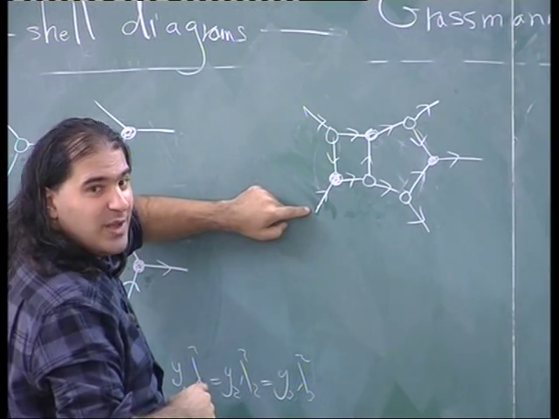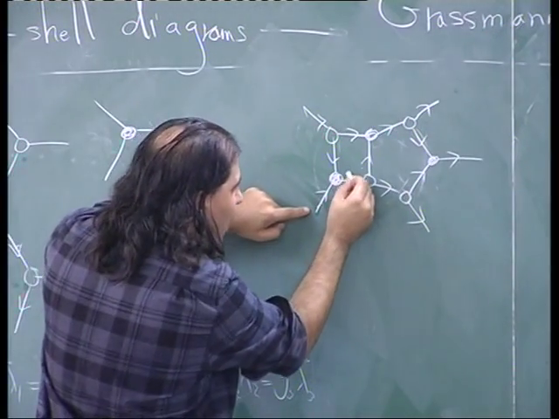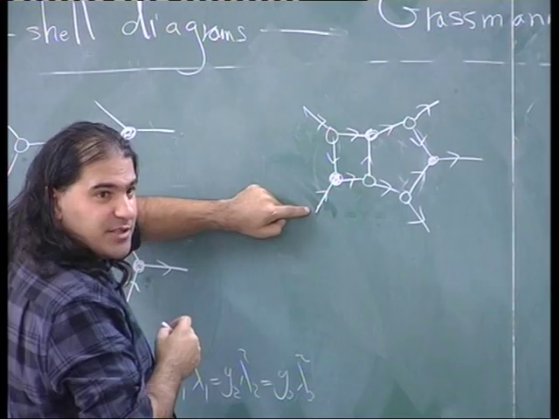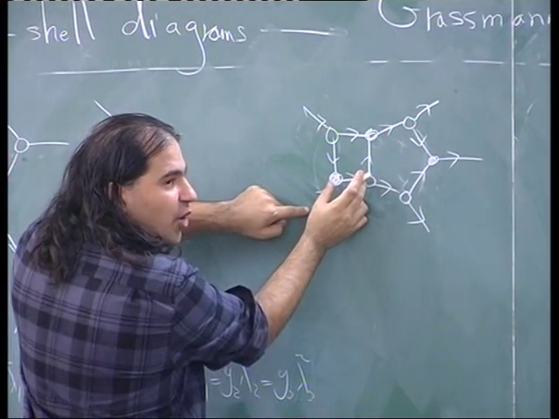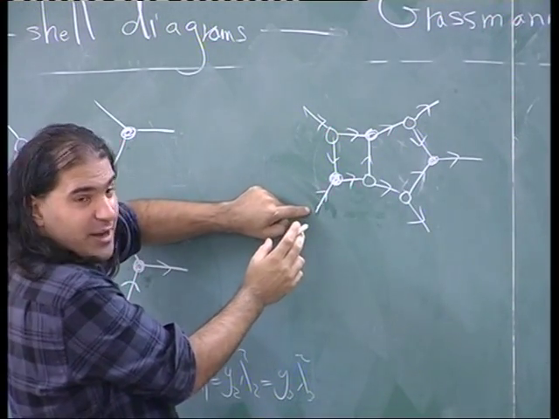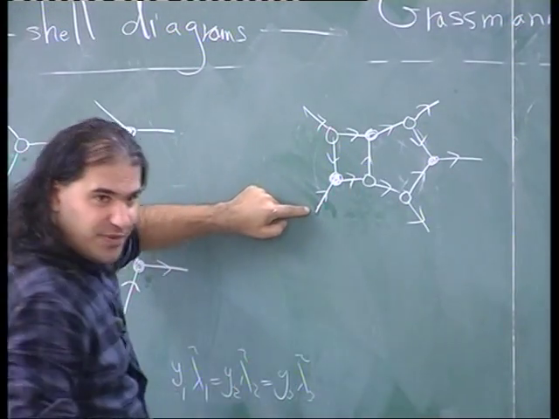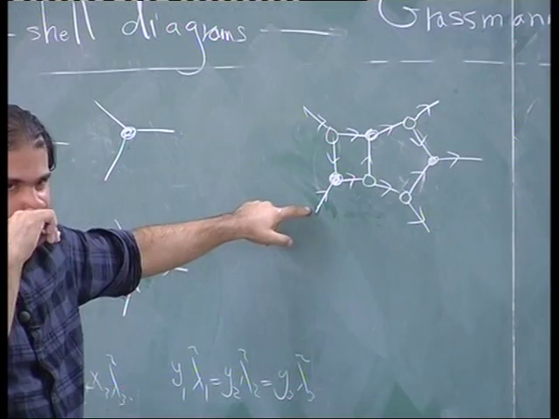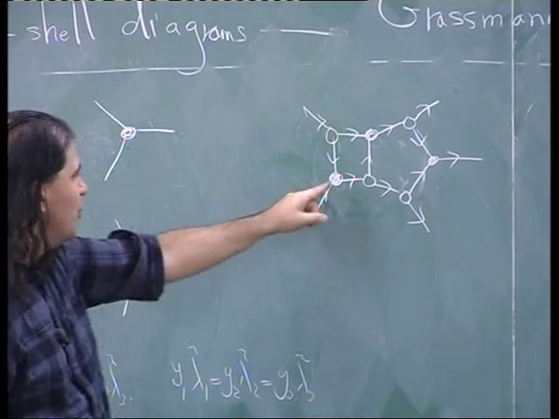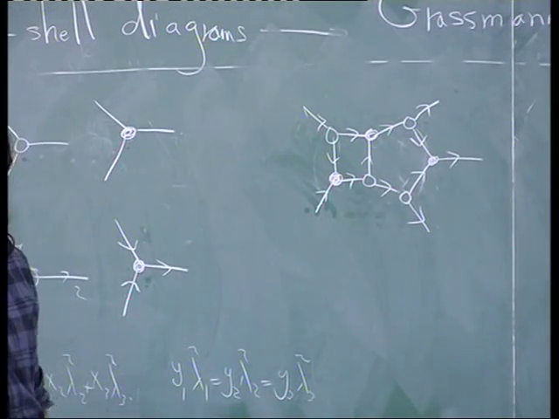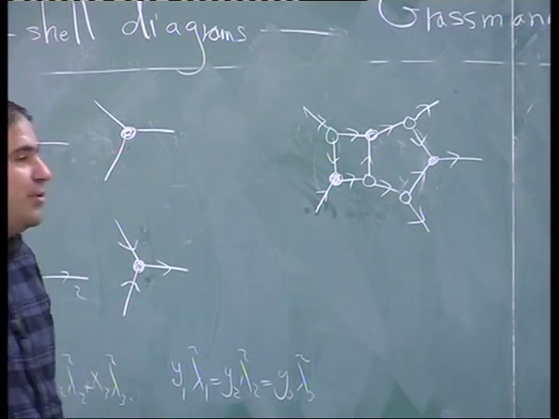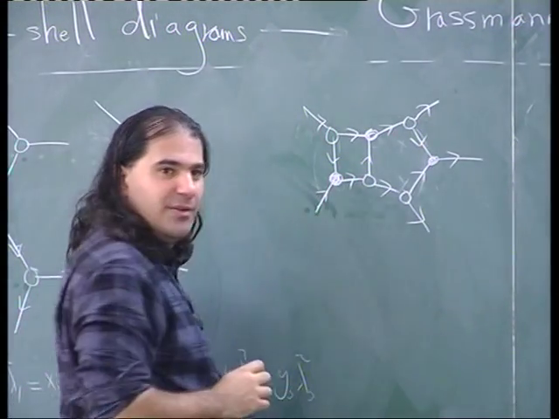So even though the variables start off associated with the vertices, they only occur in combinations, and after you mod out by the GL1, the only combinations you get are associated with the edges of this graph. These x's are just the ratios of the variables on one end and the other.